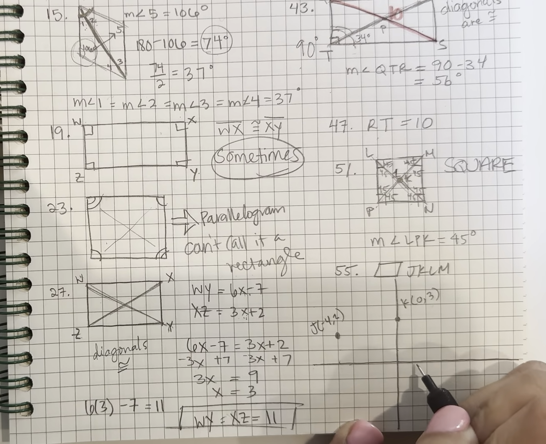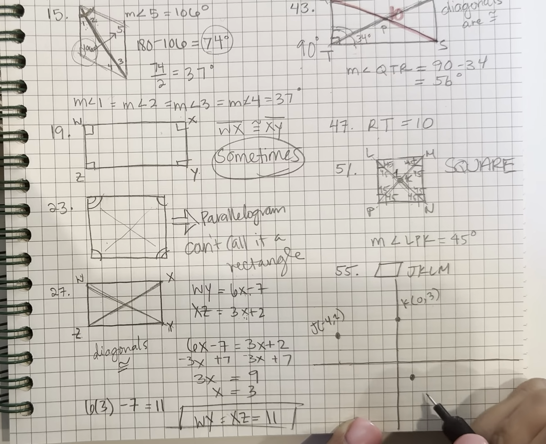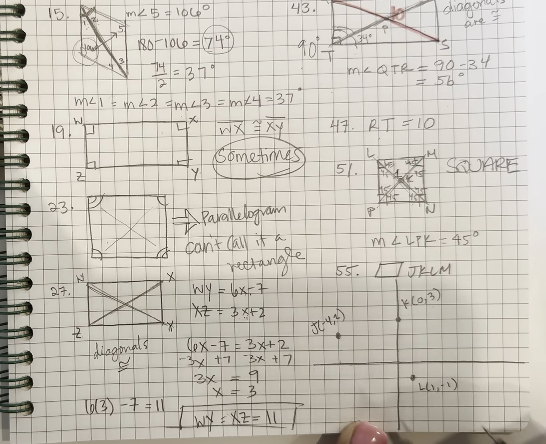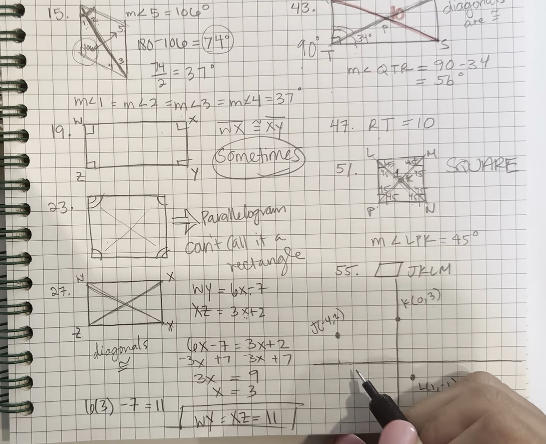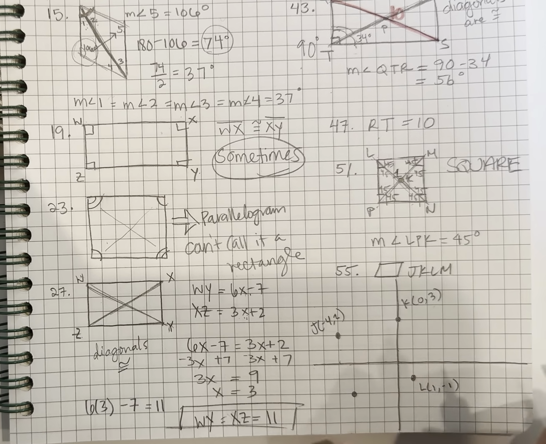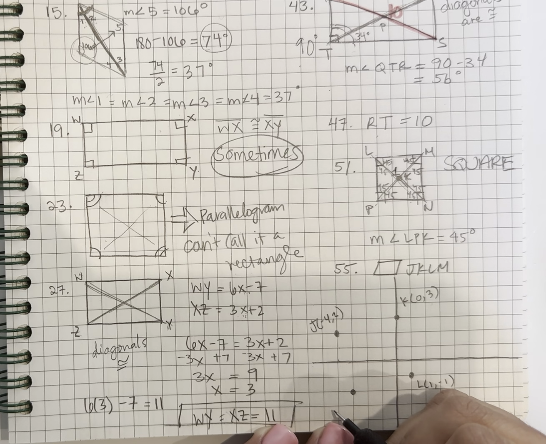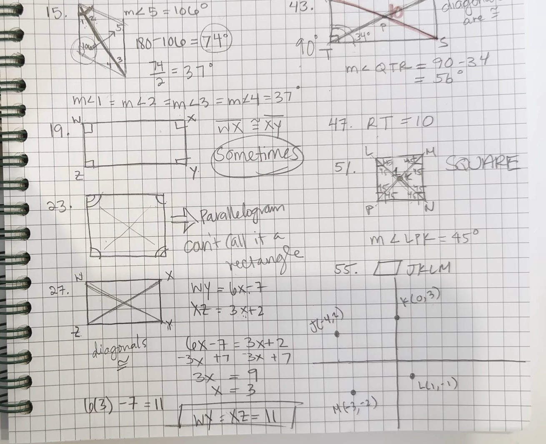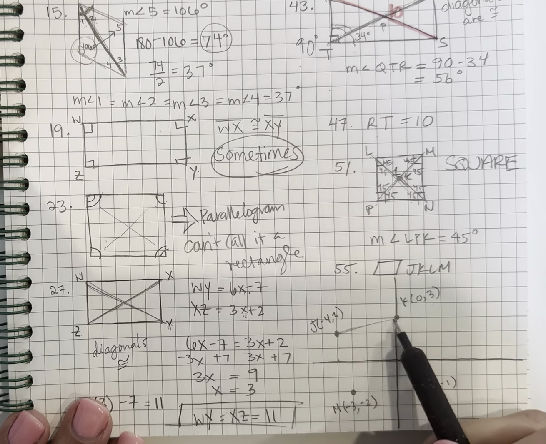L is 1, negative 1. And M is negative 1, 2, 3, negative 1, 2. Negative 3, negative 2. So here we have these guys.